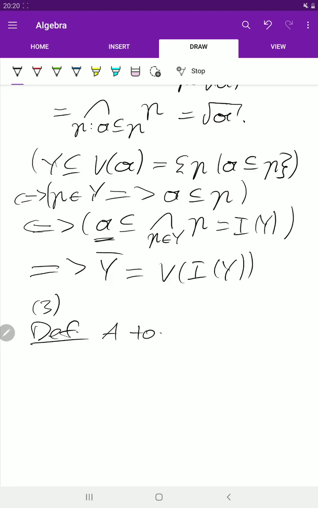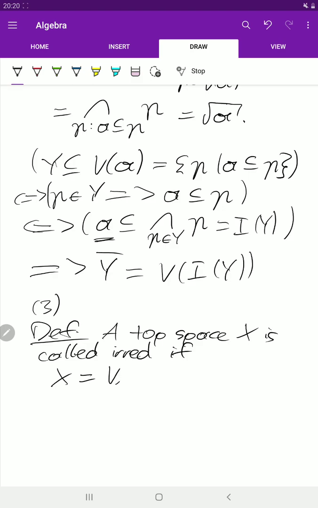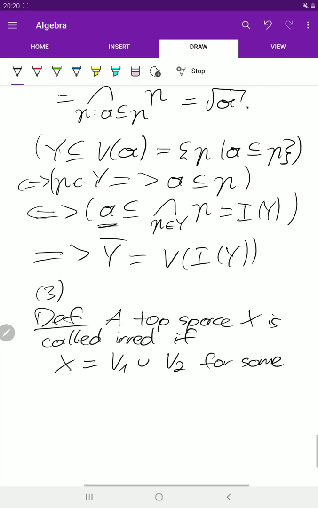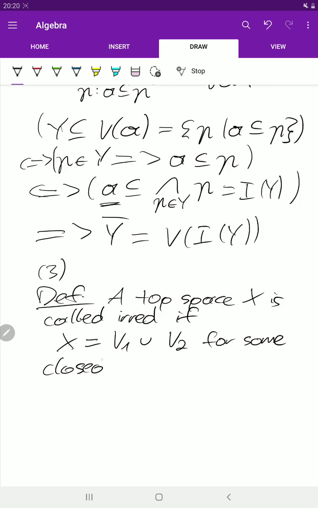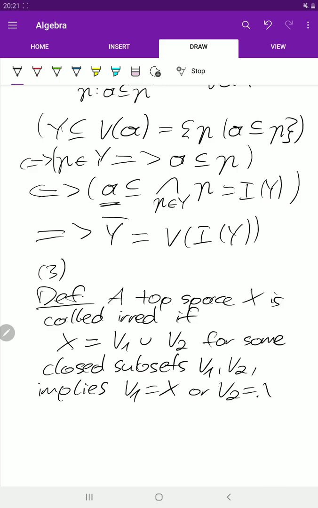A topological space X is called irreducible if, let's say, X is equal to V1 union V2 for some closed subsets V1 and V2, this implies V1 equals X or V2 equals X.